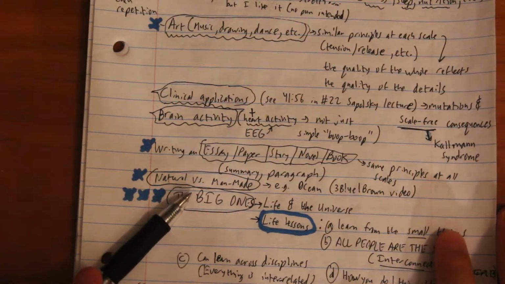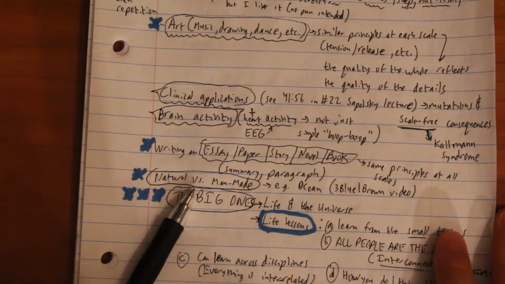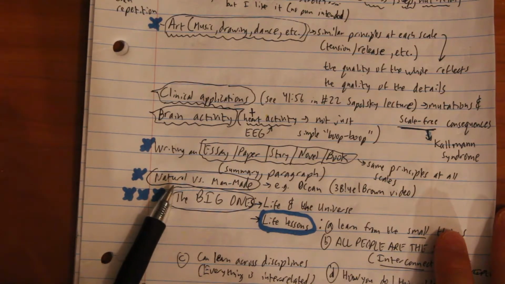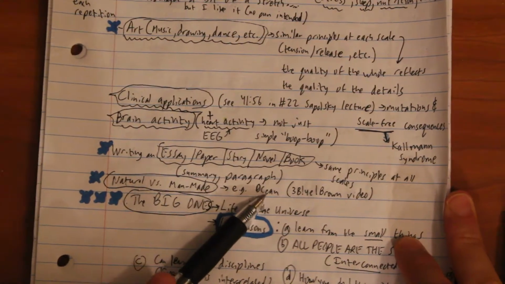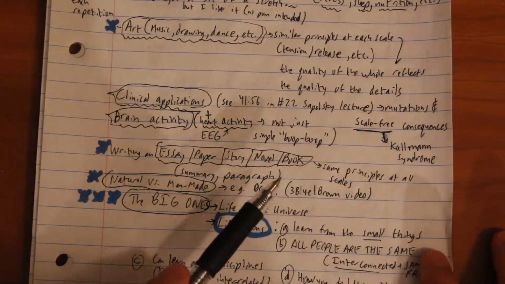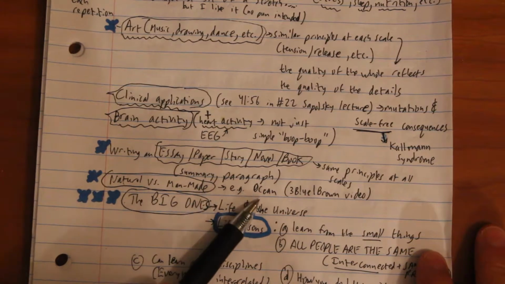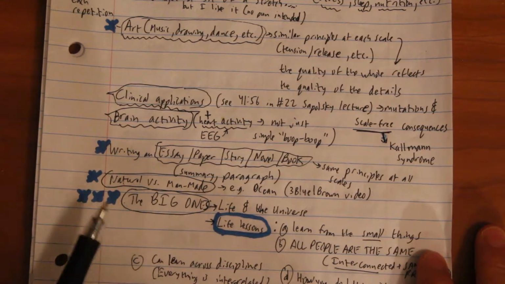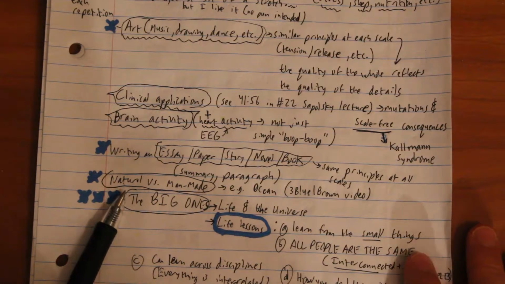Natural versus man-made. So let's say you want to decide whether the ocean is natural. Did nature make it, or is it man-made? And this specific example of the ocean was pointed out again in that great 3Blue1Brown video. I'll link it in the description. The ocean has a fractal shape actually, and if you look at trees, they're fractals.